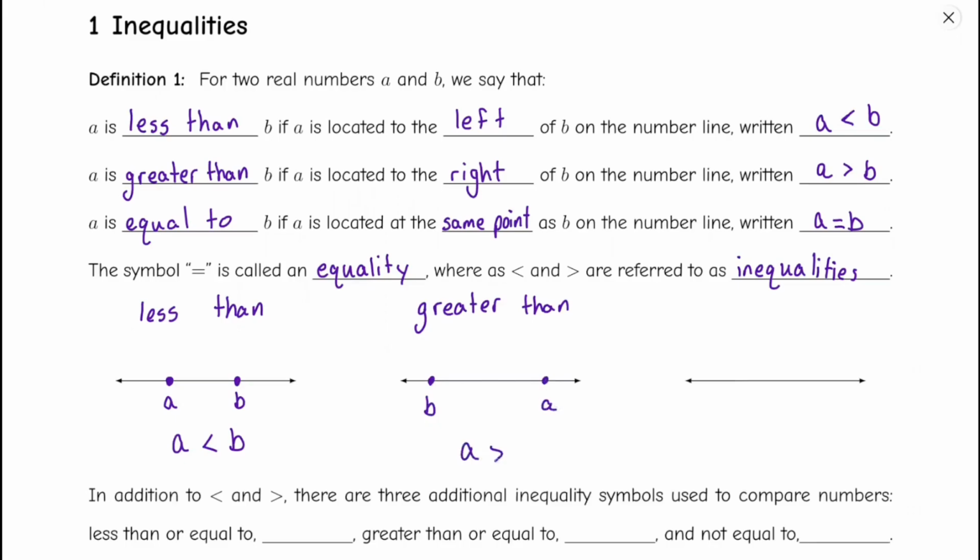So a is greater than b. And then for equal to, they're located at the same spot. So since they're located at the same spot, you can't draw two separate points. So I'm going to write a on top, b on the bottom, and this is when a equals b.